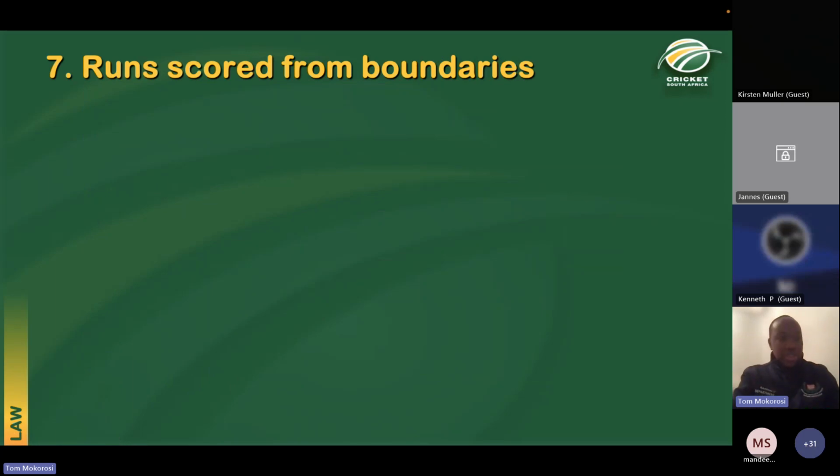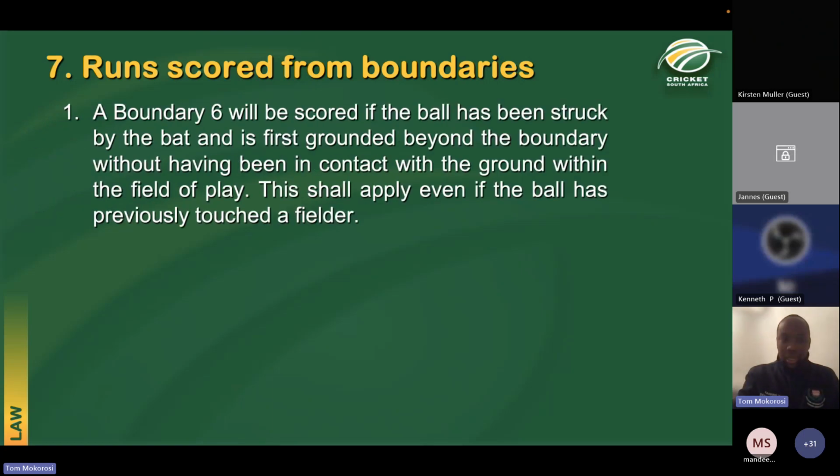So we know that there's a boundary 4 and a boundary 6. Let us see the law definitions of such. A boundary 6 will be scored if the ball has been struck by the bat. So that's quite interesting and very important. And is first grounded beyond the boundary without having been in contact with the ground within the field of play.